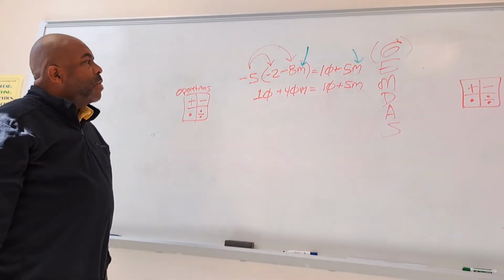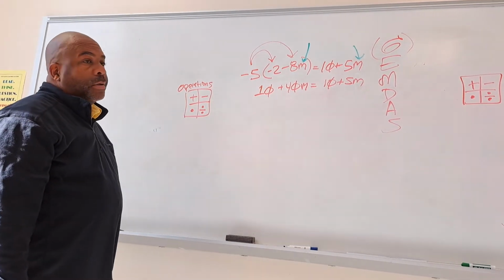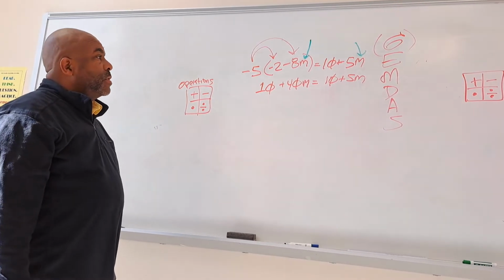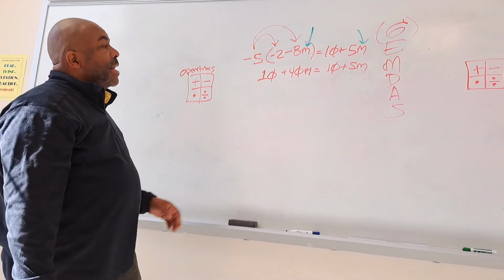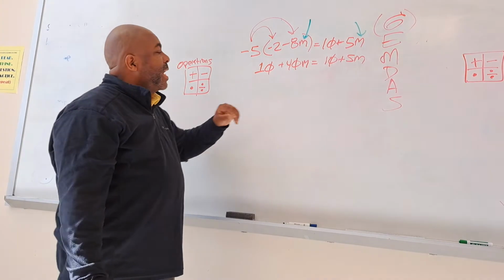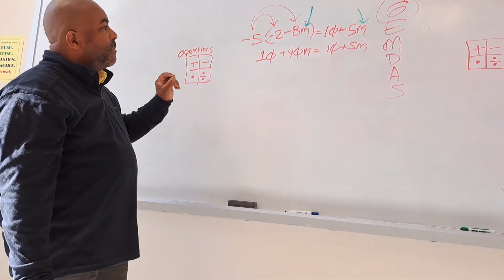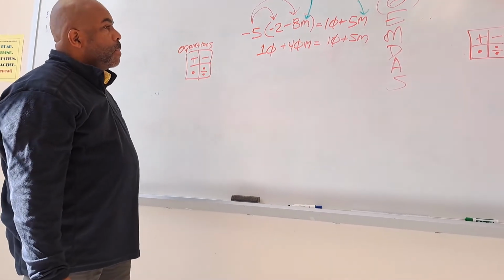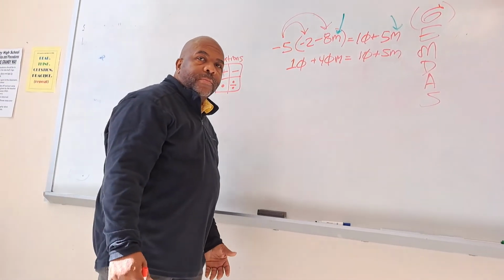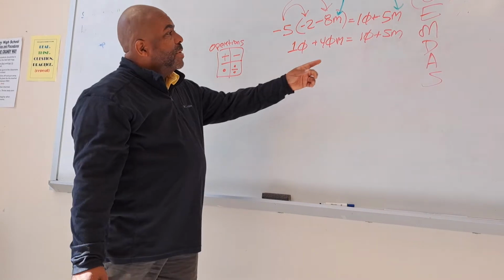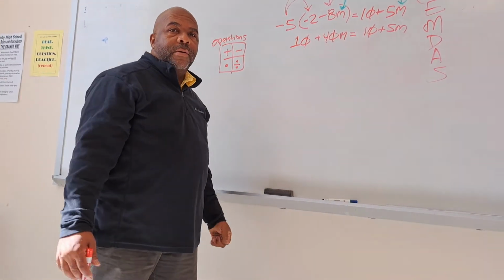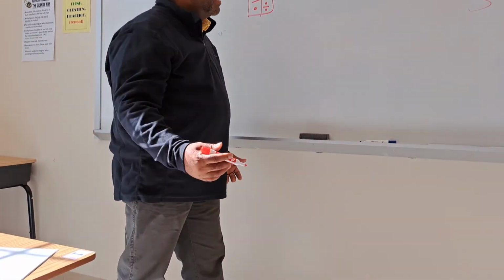Okay, I want to get what family together? I want to start with the variables. I want to get the m's together. So that's a positive 5m. What's the inverse or the opposite of positive 5m? -5m.